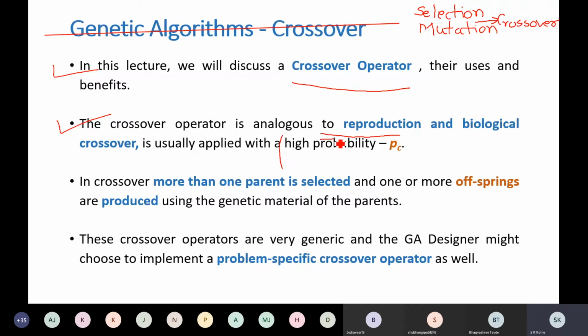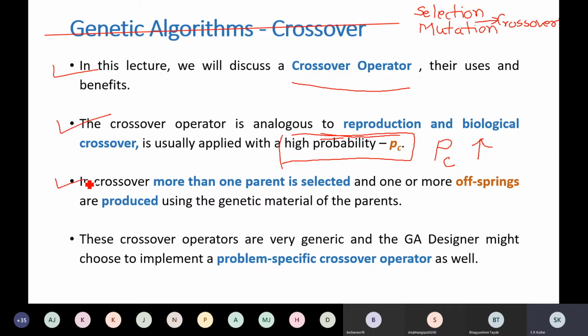Remember this. This crossover is applied with high probability PC. So the probability of crossover is high. So if PC defines the probability of crossover, generally this is high. Remember this. Later on you will come to know why this is so.